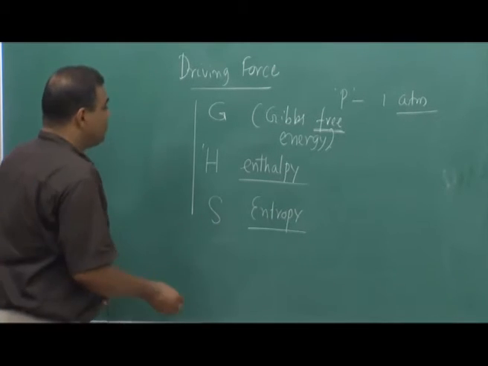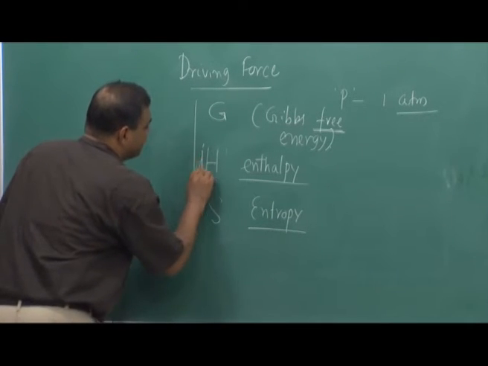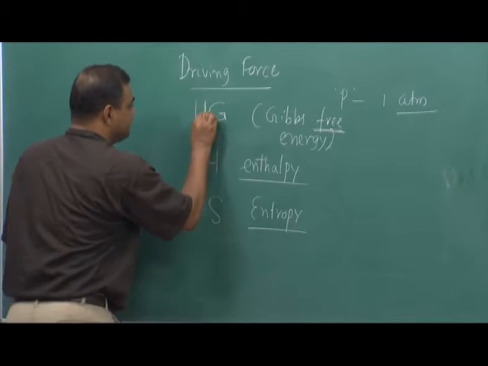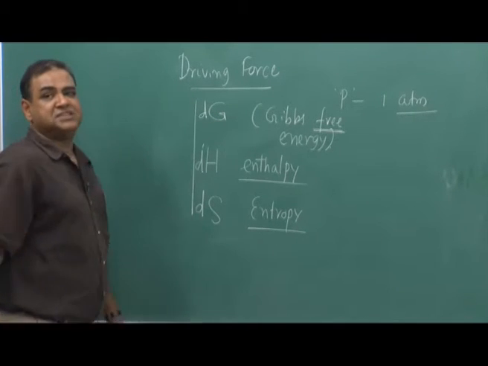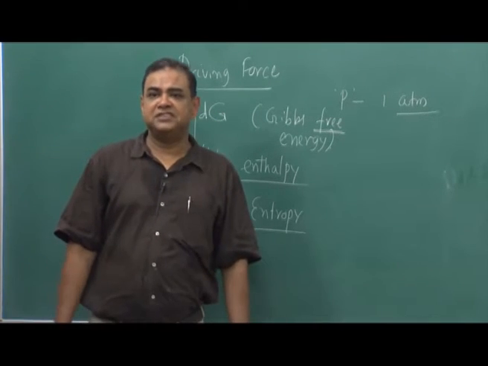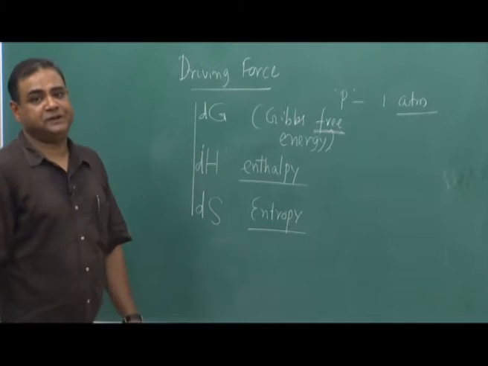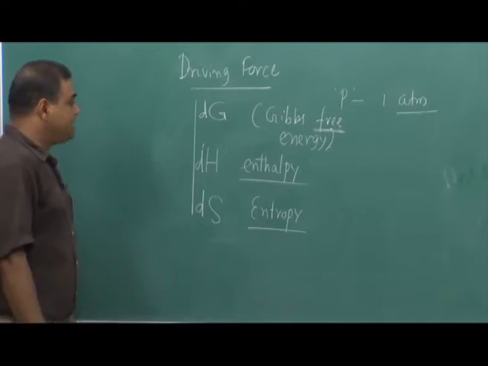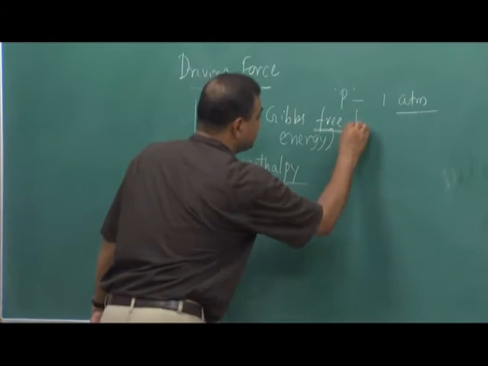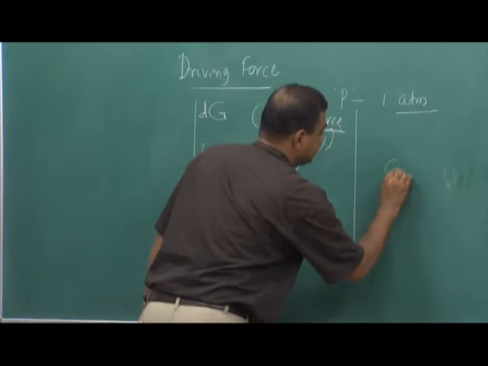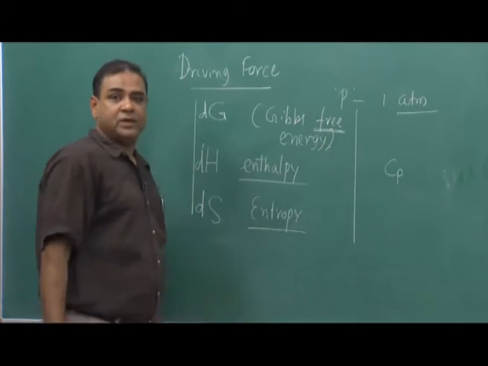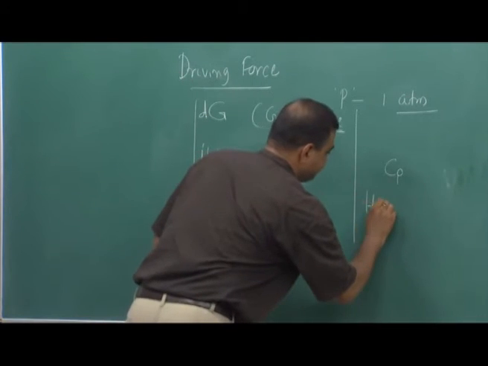So, that means we can measure the change in enthalpy, change in entropy, and change in Gibbs free energy. And in order to do that, the measurable quantity we have is basically Cp, which is the heat capacity.